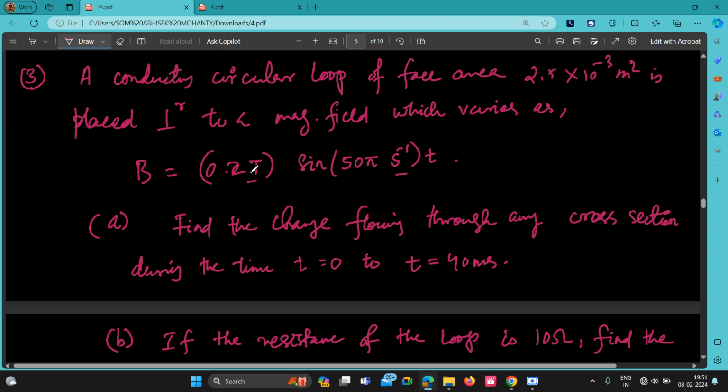Start solving them yourself. The question may be easy or hard in the exam. Suppose the question is hard. We have to prepare for a harder question so that we'll do well in an easier question. But if you only prepare for an easy question and it comes hard, then all our hard work will just go away.